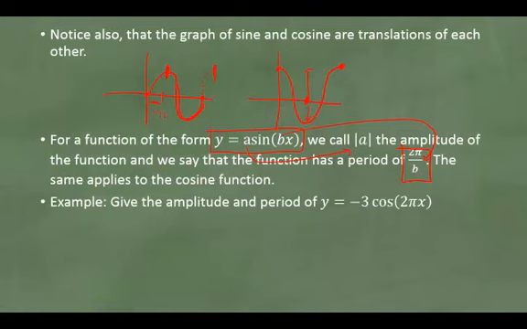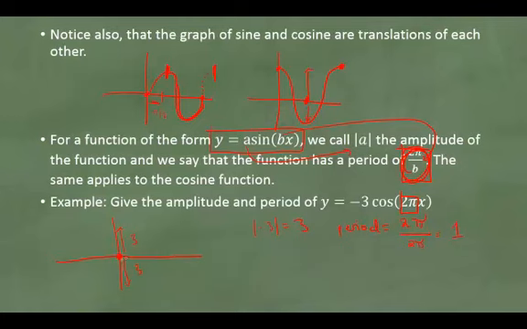So for example, for y equals negative 3 cosine of 2 pi x, the amplitude would be the absolute value of negative 3, or 3. And the period would be 2 pi, just given from the formula, divided by b. b is the number in front of x, so divided by 2 pi, which would give you 1. All that says is that if you were graphing this, you should already know that the distance from the middle to the highest point or the lowest point would be 3.